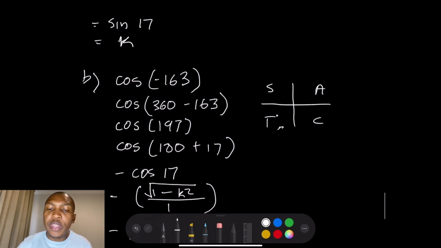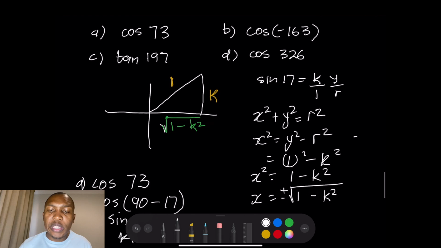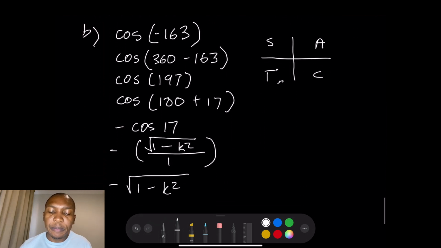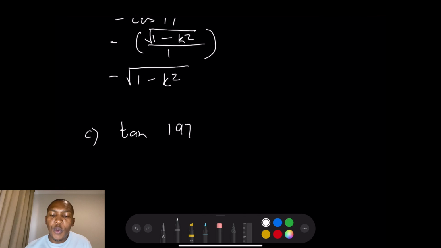Okay, let's go for the third one. So we've got tan of 197. Of course, what is tan? First of all, let's write it as a compound angle. You can see how that will be, again, 180 plus 17.